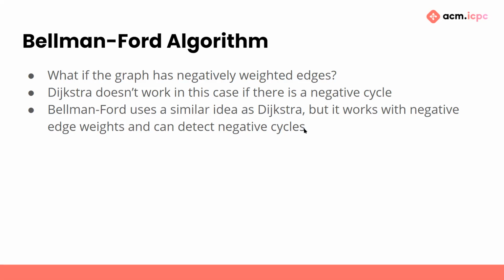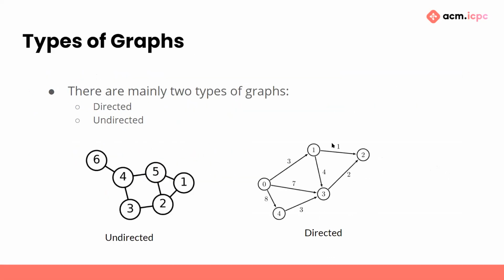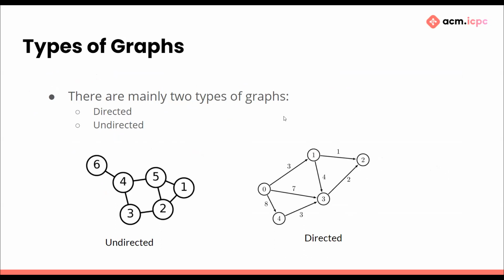When I say cycle, if we go back to one of these graphs, I mean you can go from one node and follow some series of edges and nodes such that you will always go back to the node that you started from without visiting any other node twice. So that's what a cycle means.